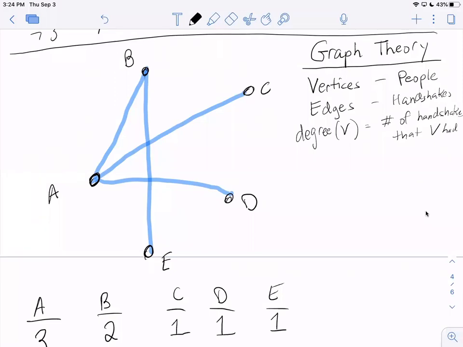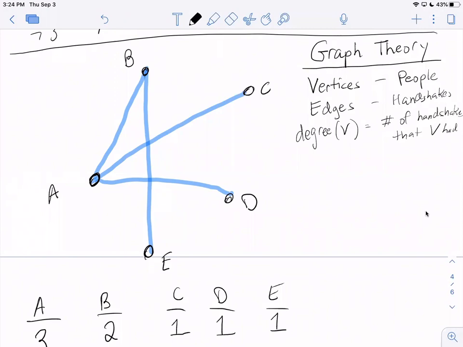Does anyone see how? Oh, Lily, nice. What part of our phones could graph theory be related to? What part of technology? And there's actually a lot of answers here. Nice, Archer. Social media. Texting is one. Yeah, yes, so there's a lot of examples.